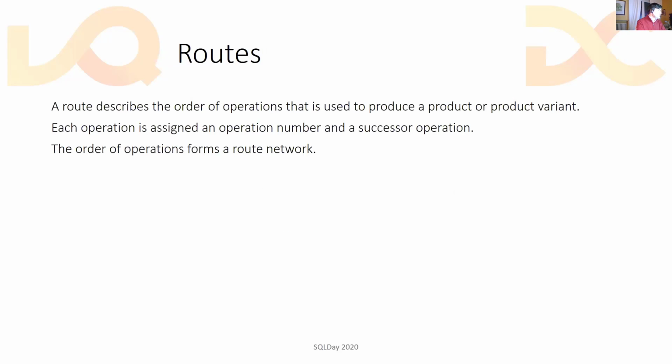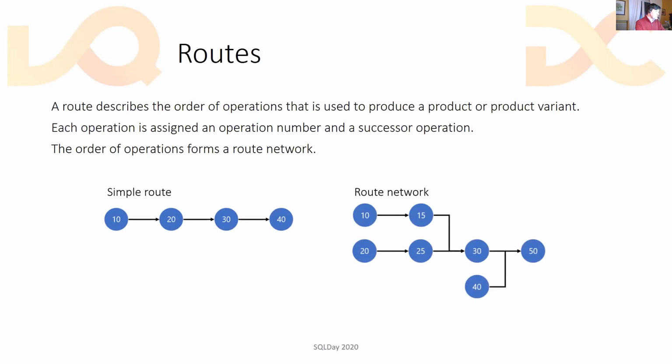If you use routes, you have the order of the operations that are used to produce a product. And so you can have routing, kind of what you need in your queries for building up the path, kind of a shortest path, but none of our customers is using routes.